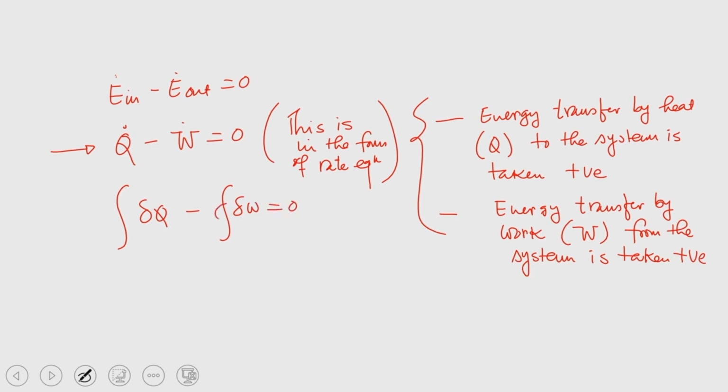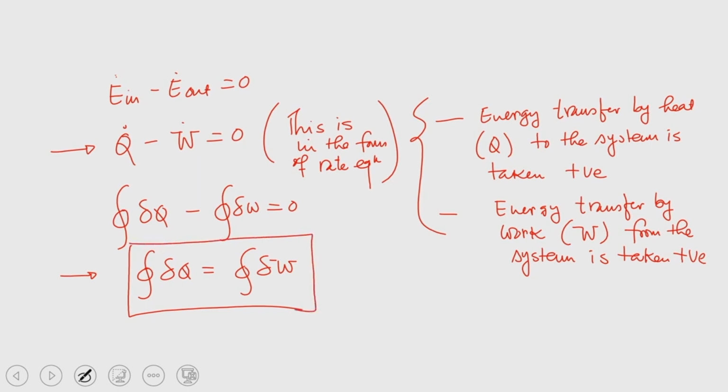That is, the cyclic integral of del Q equals the cyclic integral of del W. We get this equation, which is very famous, perhaps you have studied this and can easily identify it.